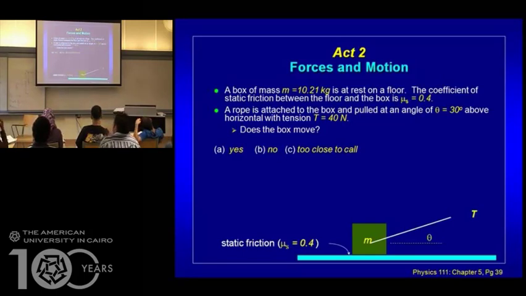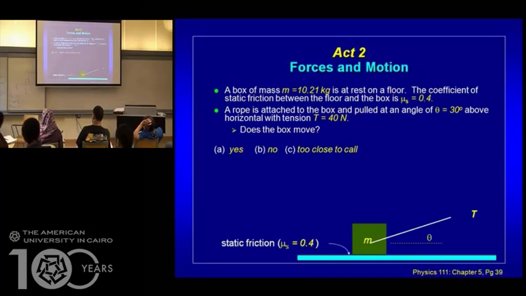Does anyone have a calculator? Sharif? N equals to 80? Kilograms. Ali. Newtons. It's a force. So now we know N.